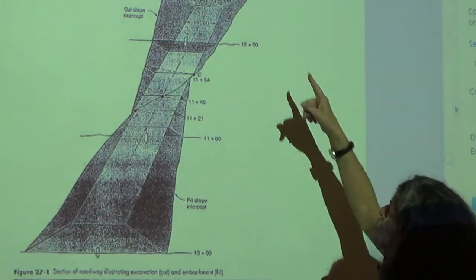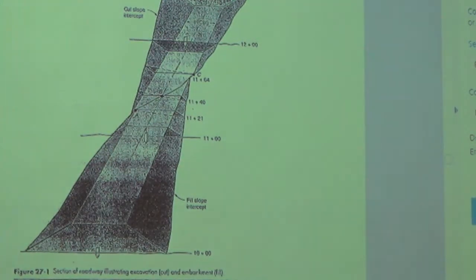Okay, now let's go up to 13 plus 0, 0. What's happening there? What was that? They're removing material. So where is the stake in the ground now? Is it higher or lower than the road? It's higher.